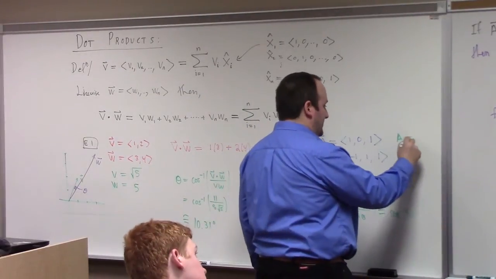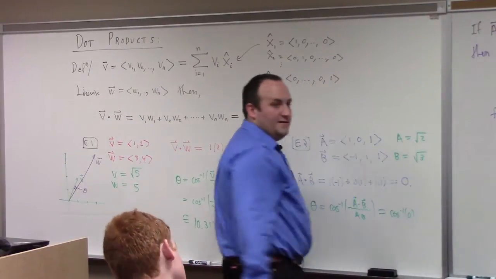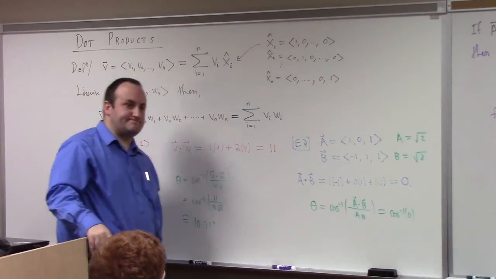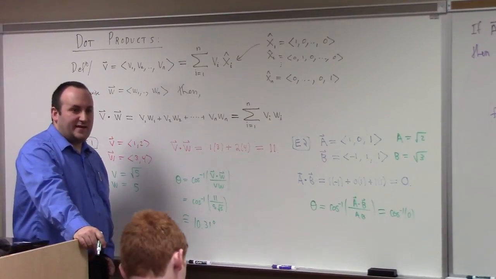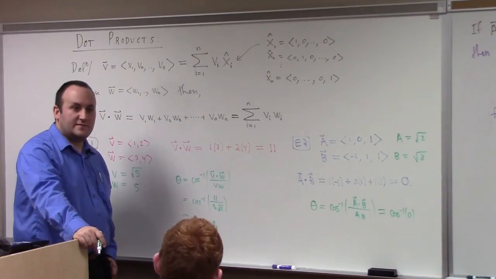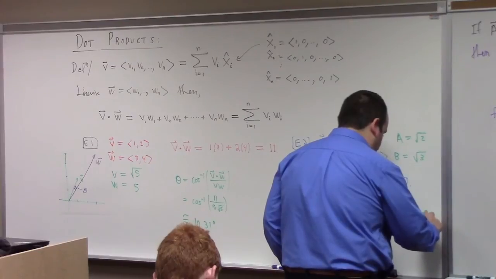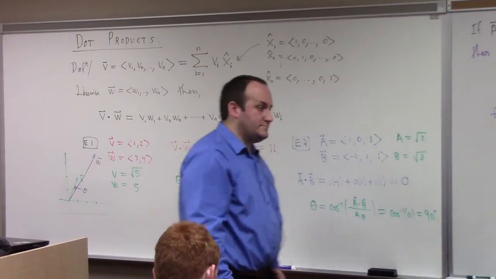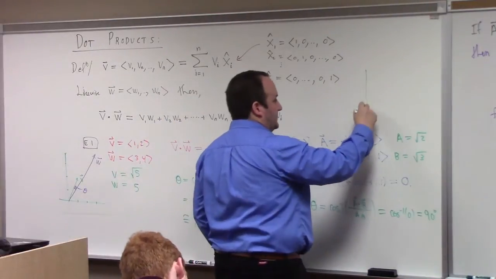Here, A happens to be root 2, and B happens to be root 3, but who cares, the length of A, the length of B, right? That 0 over square root of 6 is still 0. So inverse cosine of 0 is 90 degrees, right?